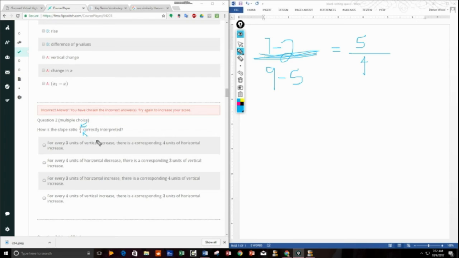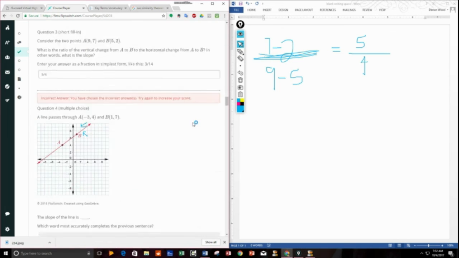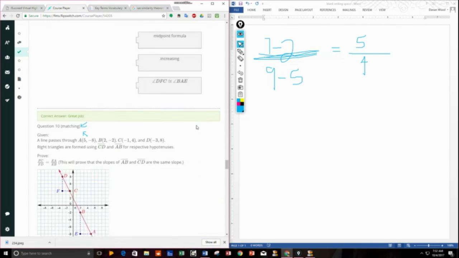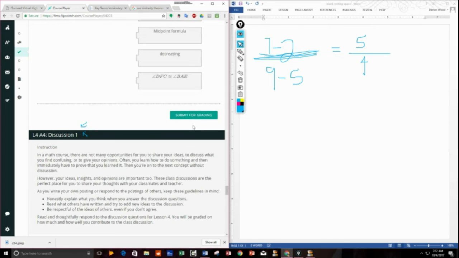So I'm looking for both increasing, and 3 is our vertical and 4 is our horizontal. So for every 3 units of vertical increase, there is a corresponding 4 units of horizontal increase right there. All right, and we're going to check these to double check.